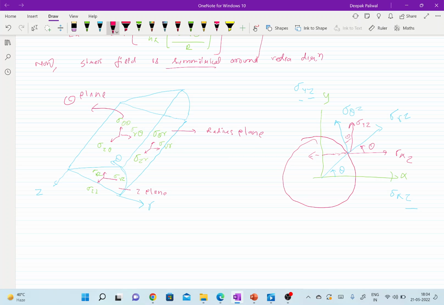Let me take the components of sigma xz and sigma yz along sigma rz and sigma theta z. So first, let me write here.